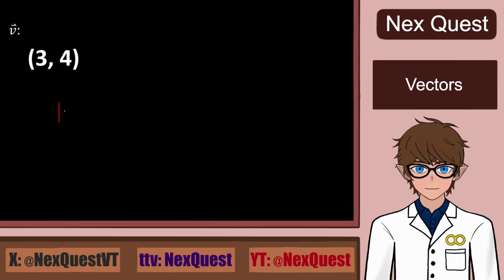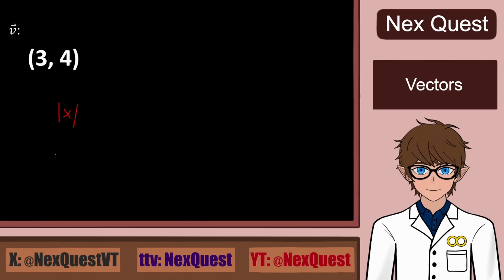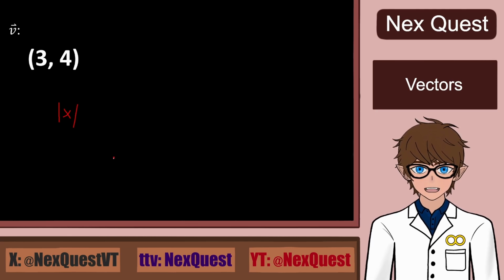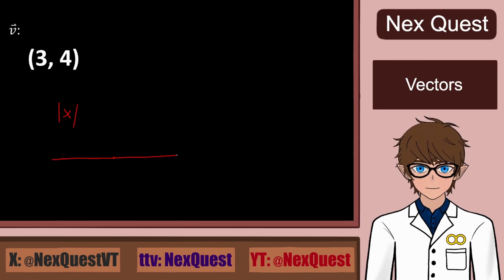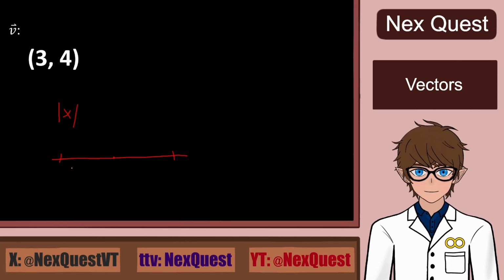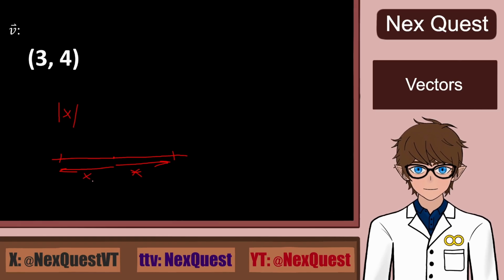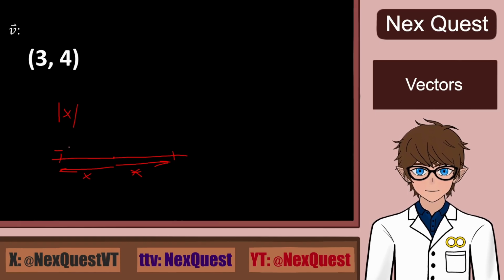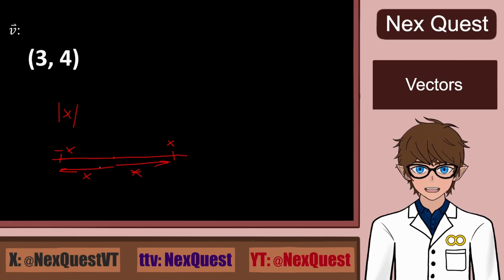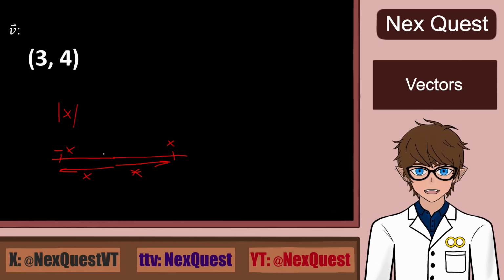Because we remember the absolute value of x means that we're looking for a number that is x units away from 0. So this is x units away, and this is x units away. Of course, this is minus x and this is plus x, so these two vectors have the same magnitude, so their length should also be the same.